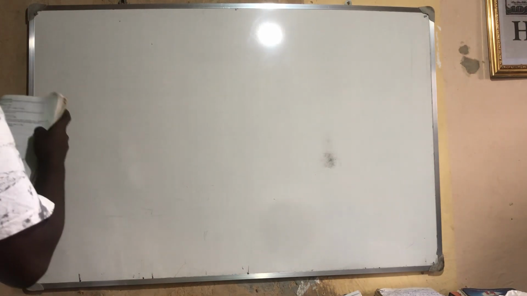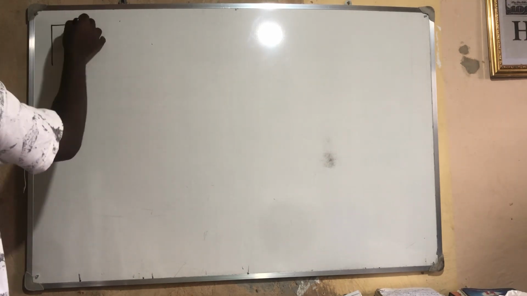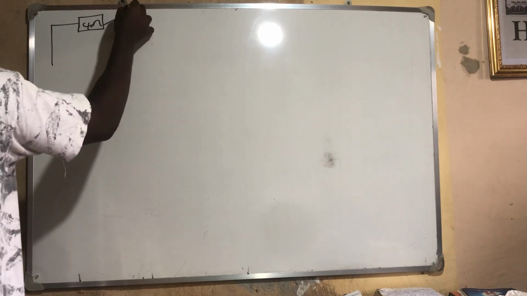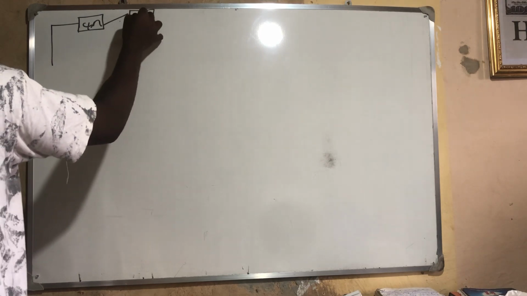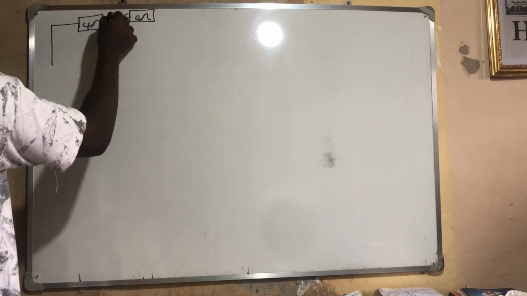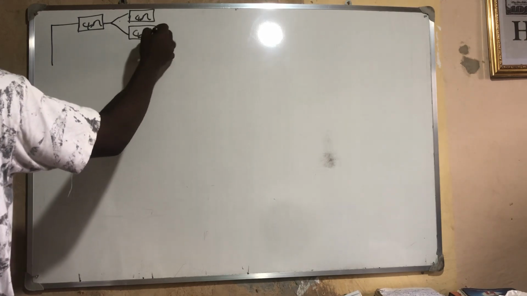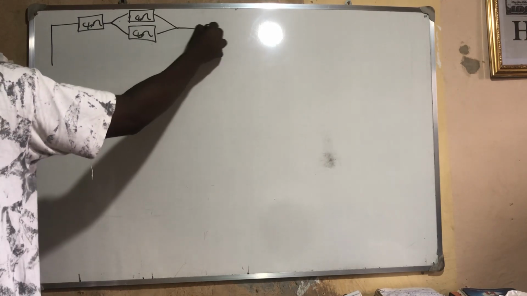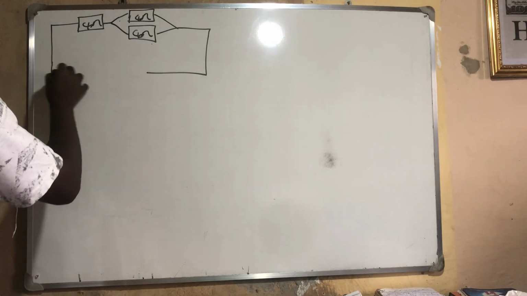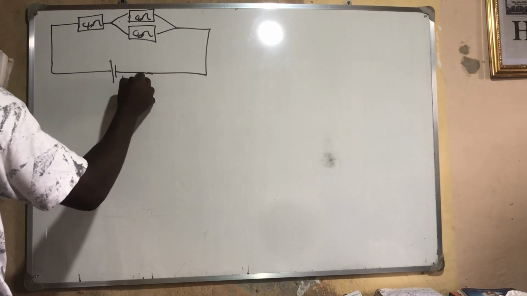So another question, and I think it is the last question I'm going to solve for power. We have another one that comes this way. This one is in series, 4 ohms, and then connected to another one in parallel, 4 ohms again, and 4 ohms again, with 12 volts.